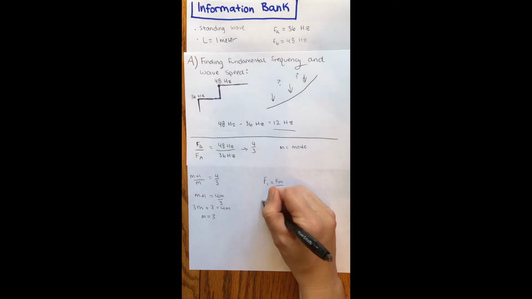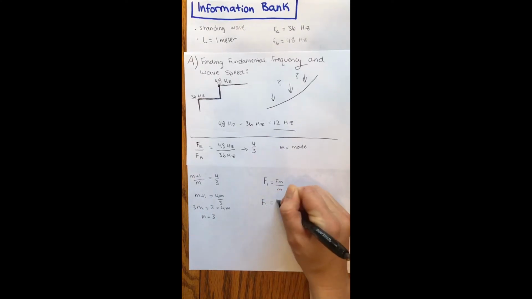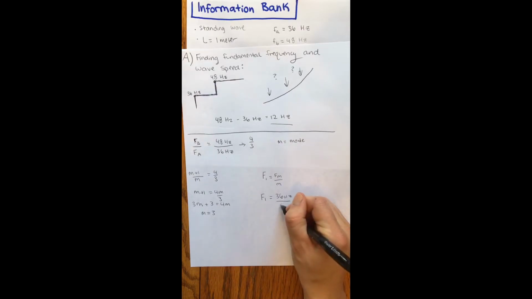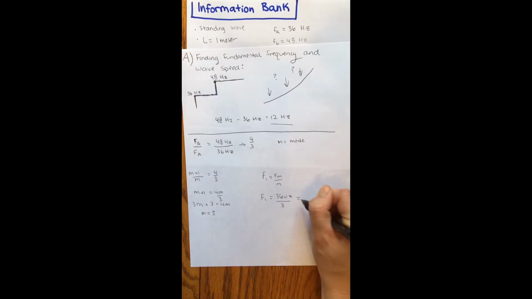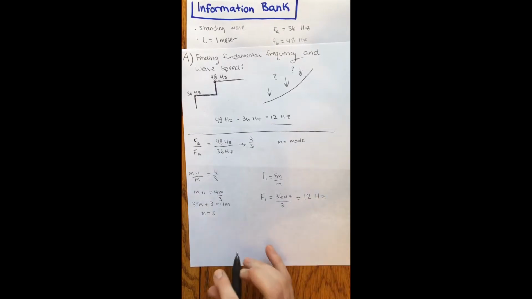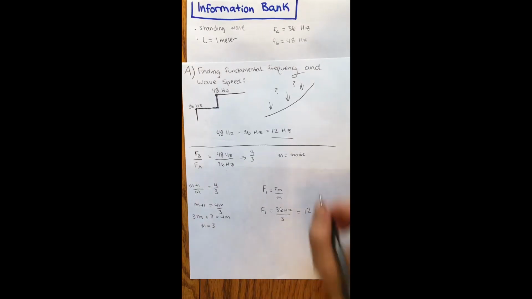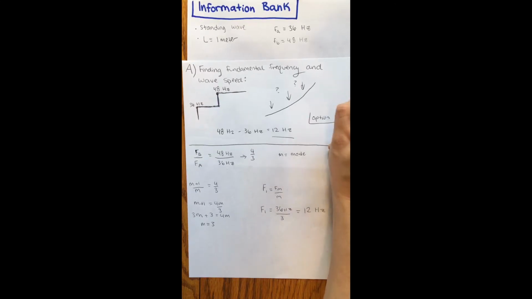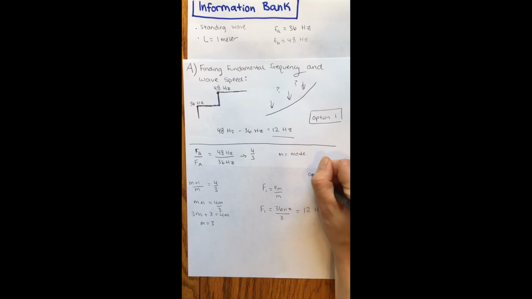And we get this is equal to 36 Hz, which is the associated frequency with m, divided by m, which is 3, and we come back to 12 Hz again. So that's another way of solving part A. So this is option 1, and this is option 2.